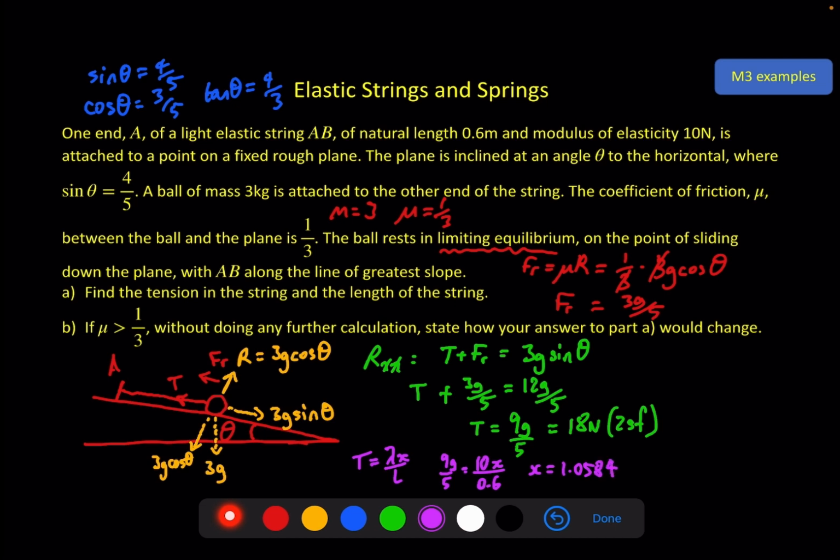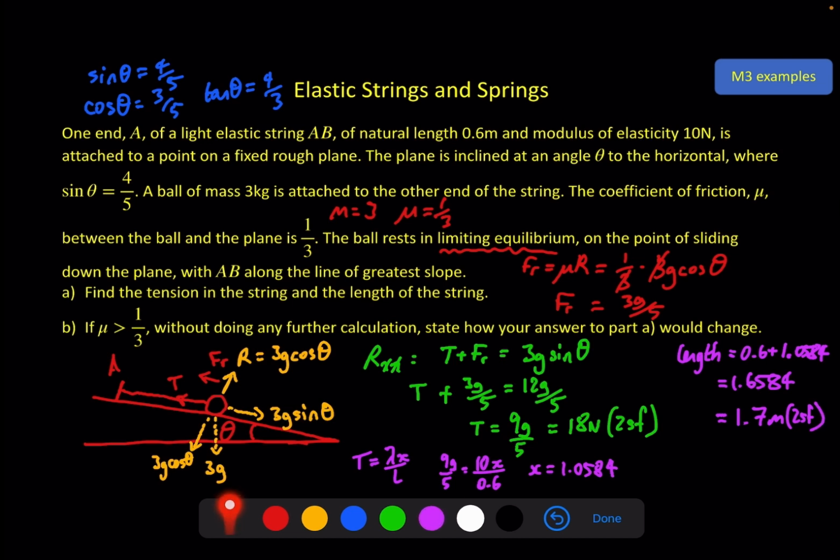And to get the length, I then also need to add that on to the 0.6 natural length of the string. So you get 0.6 plus 1.0584 to give 1.6584, and I've used g as 9.8 down here, so I should round that to two significant figures, 1.7 meters.